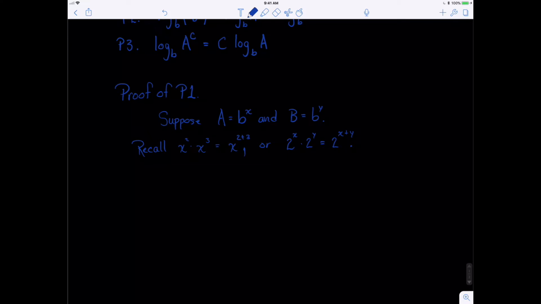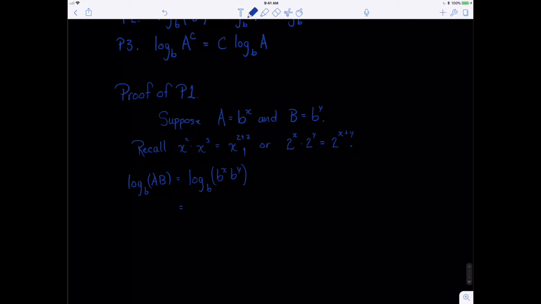So let's use these properties. So here, we have the log in base b of A times B. Well, I'm going to just rewrite capital A as b to the x and capital B as b to the y. So this is the same as the log in base b of b to the x times b to the y.